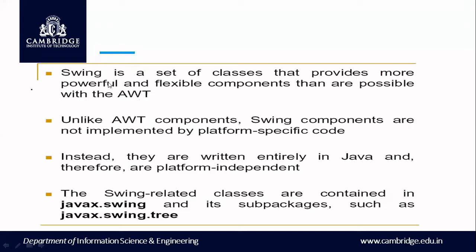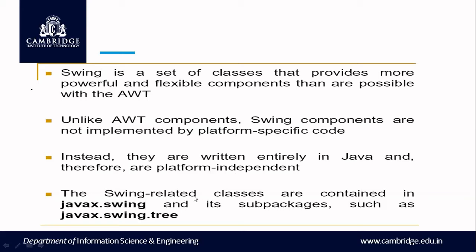So compared to AWT, swings is more powerful and has flexible components, meaning more classes and functions are present here in swings. Unlike AWT components, swing components are not implemented by platform specific code. So swing components are platform independent because they are 99% Java. Instead, they are written entirely in Java. They are platform independent. Okay.